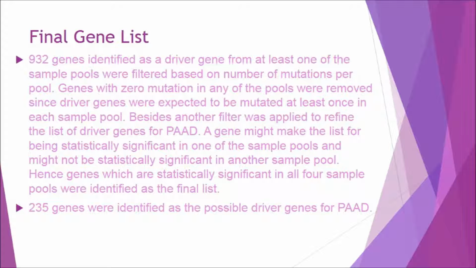These strongly established the credibility of the methodology, so it was a great success for my research. And I'm very satisfied that I was able to find 235 novel driver genes. Of course, in order for these to be 100% accurate, they would have to be experimentally tested. But for now, this is a good start to begin with.